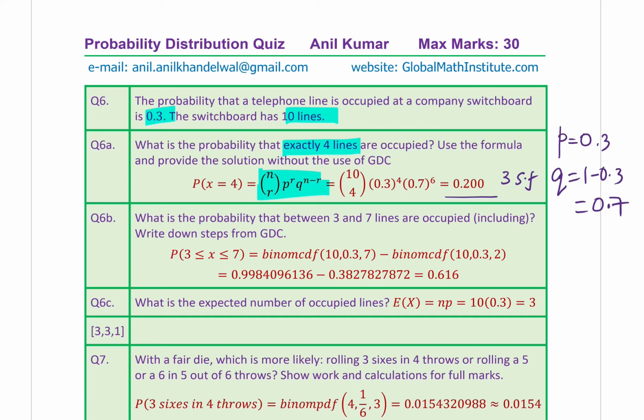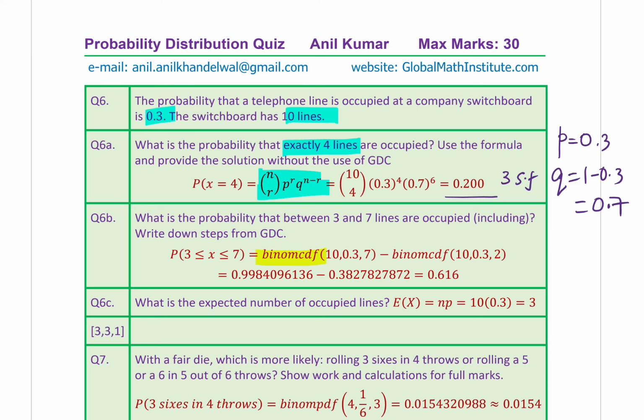Now let's see what is part B. What is the probability that between 3 and 7 lines are occupied, including them, right? Write down the steps from GDC. Now you have to use the graphing calculator to find the answer. So there is a function, as you know, which is binomial CDF, which will give you the cumulative probability, right?